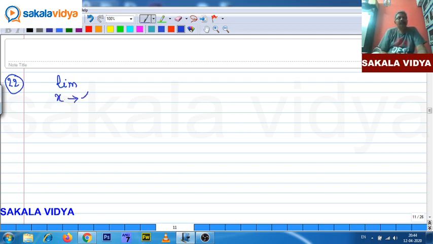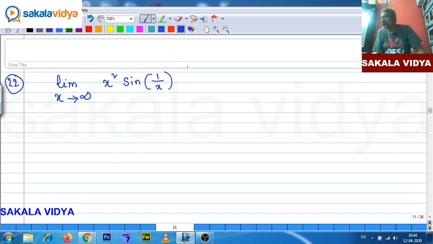Limit x tends to infinity, (x square sine of 1 by x minus x) upon (1 minus mod x).